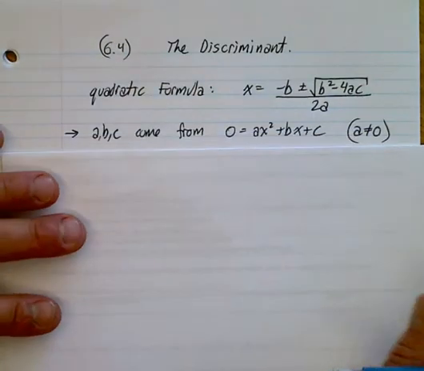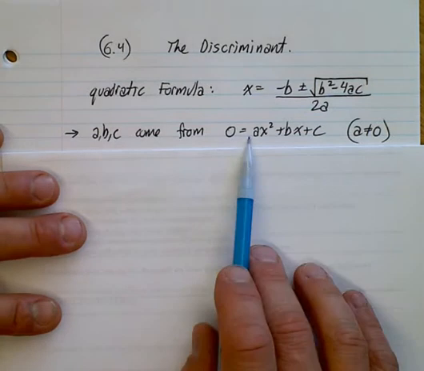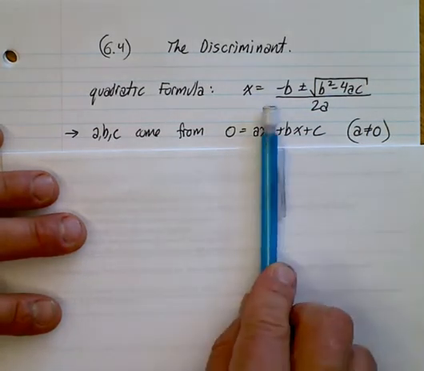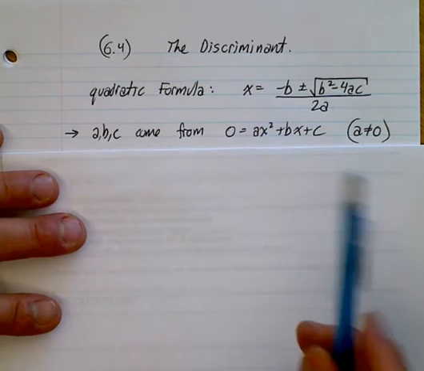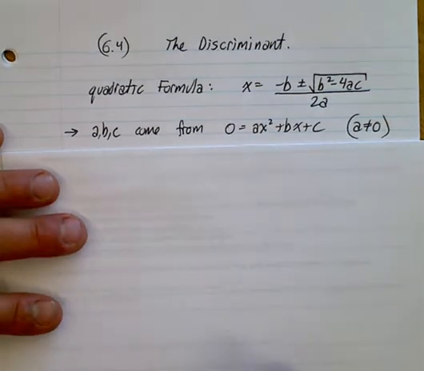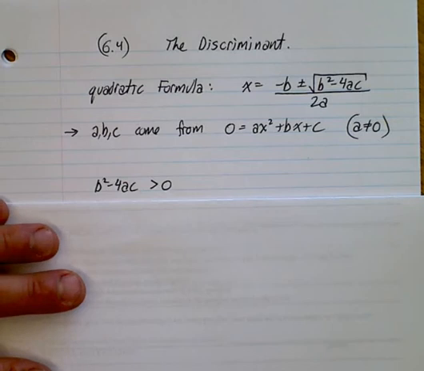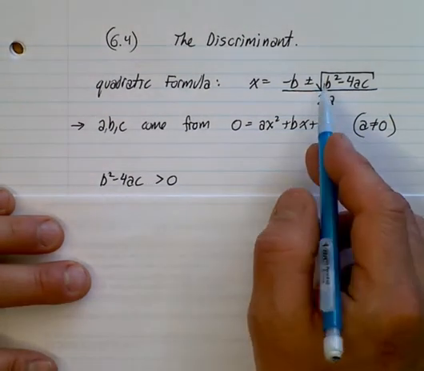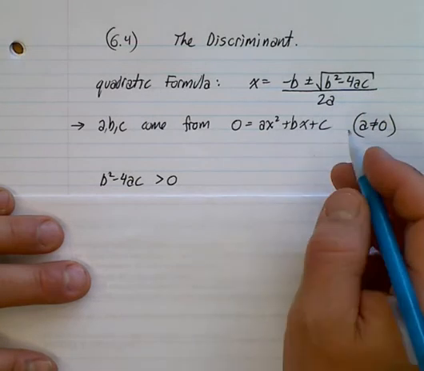So remember the a, b, c come from this formula, right? A can't be 0 because if a was 0, boom, what you'd have left is a linear function, and we're looking at quadratic, so that doesn't work. So now we're going to look at this b squared minus 4ac thing, okay? If this value is greater than 0, so for example, plus 16 minus 16, right?